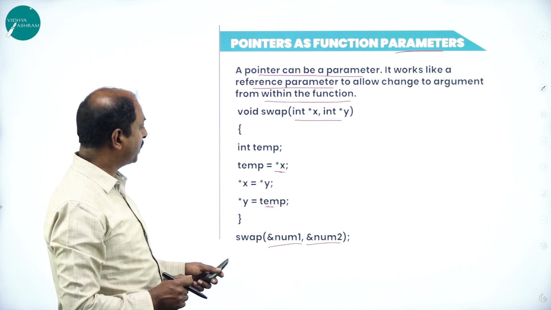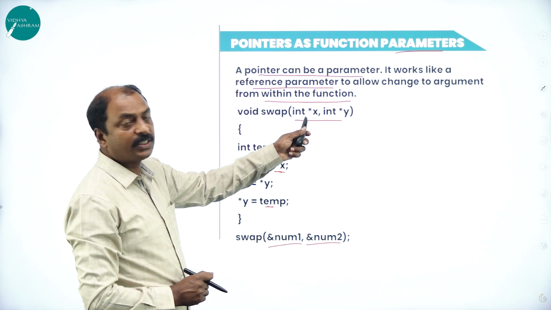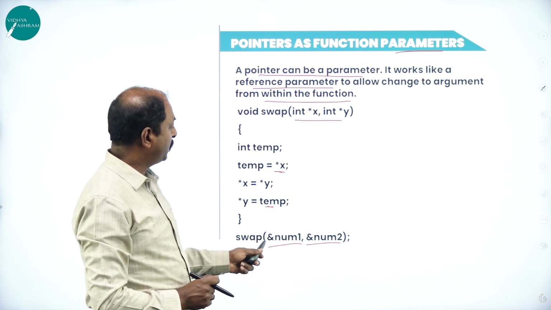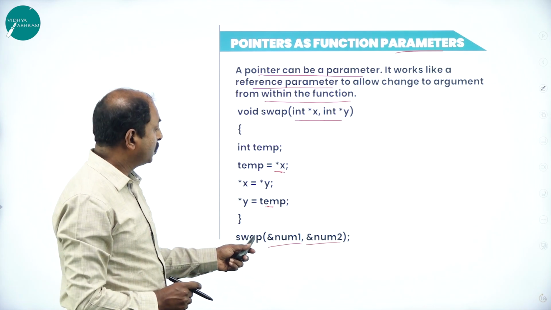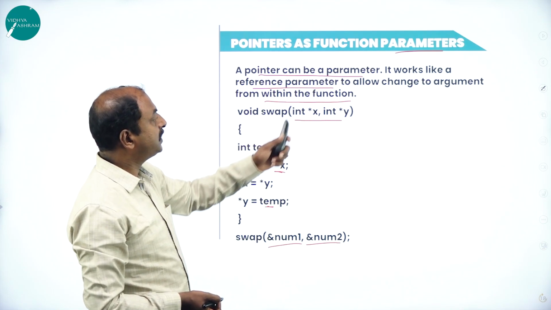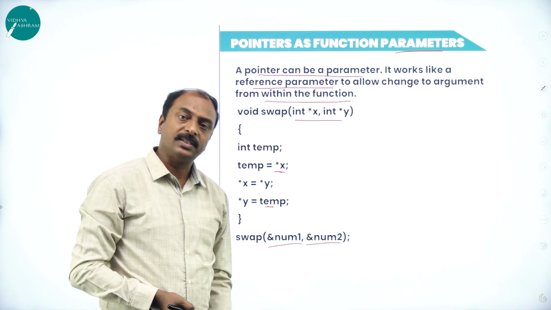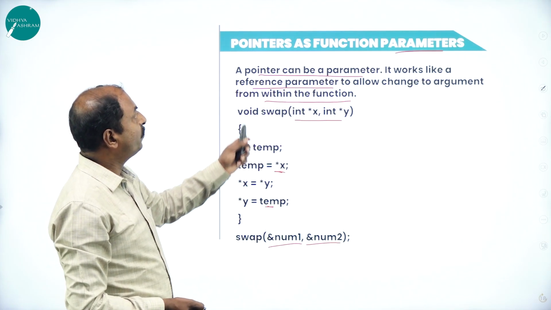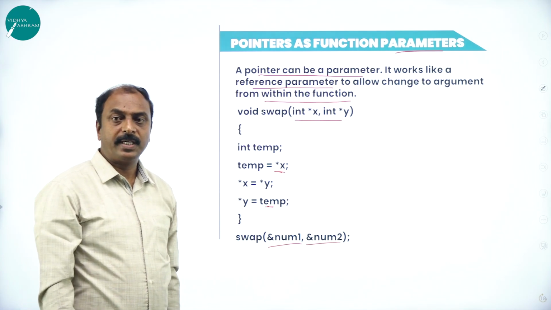While invoking the function, ampersand num1 refers to the address of the first variable, as you know, the ampersand symbol stands for the address of operator. So ampersand num1 takes the address of the first variable, and ampersand num2 takes the address of the second variable. So this is a function with a pointer variable as an argument.